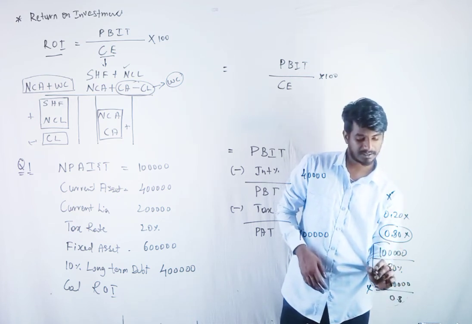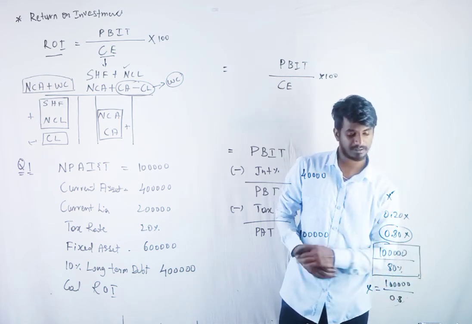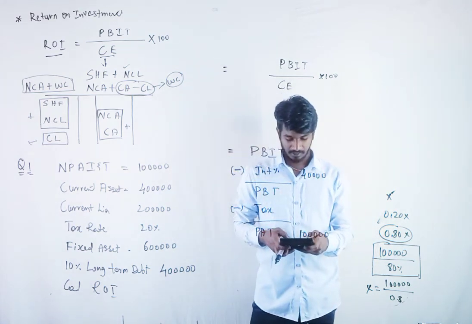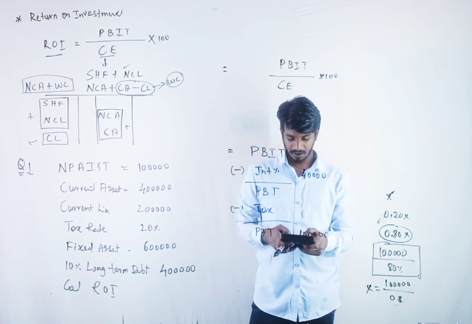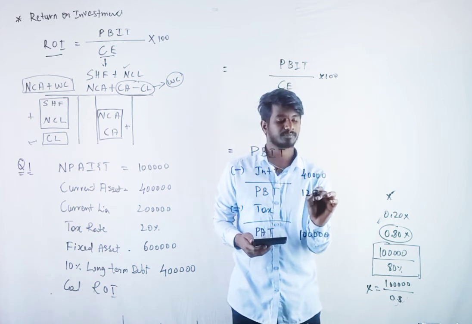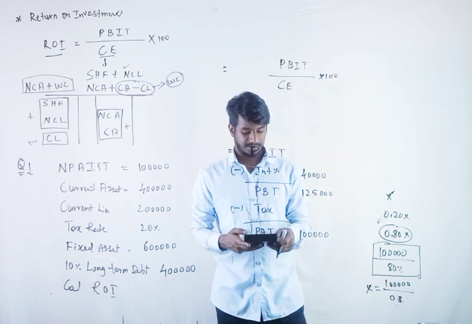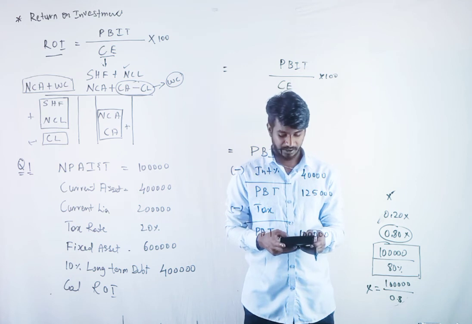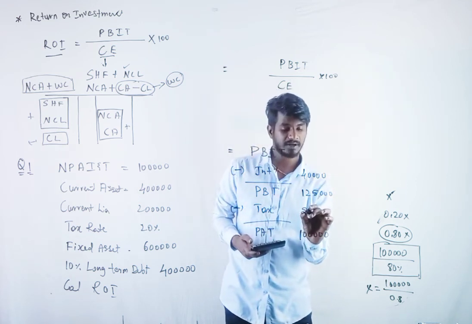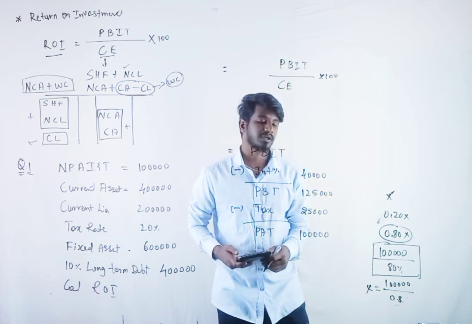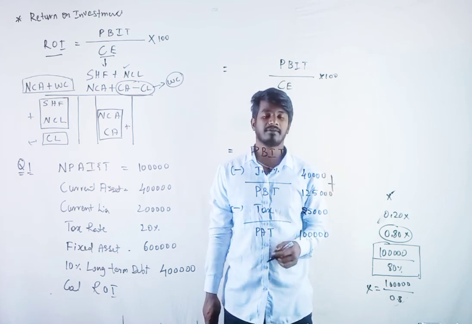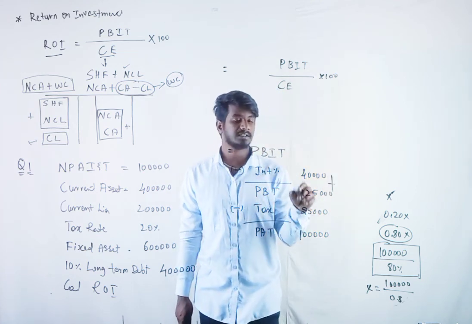You can take this straight away: 1 lakh divided by 80% gives 1,25,000 profit before tax. Out of that, if we minus 20% of tax, it is 25,000, and it comes to 1 lakh rupees. If we add these both, we will arrive at profit before interest and tax.